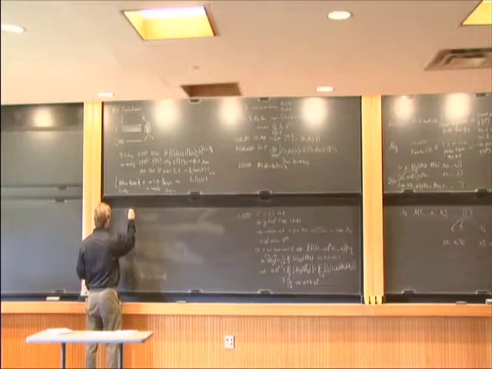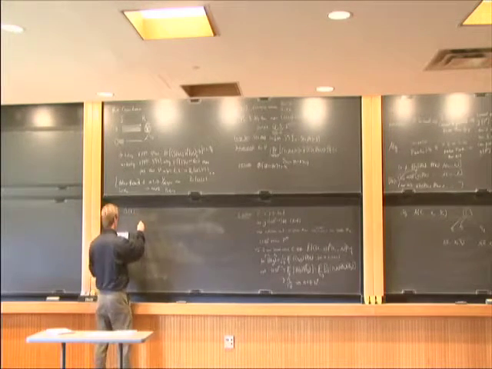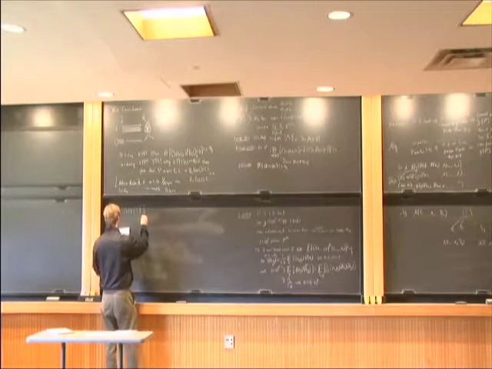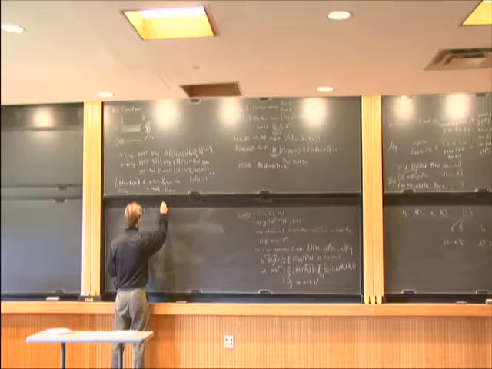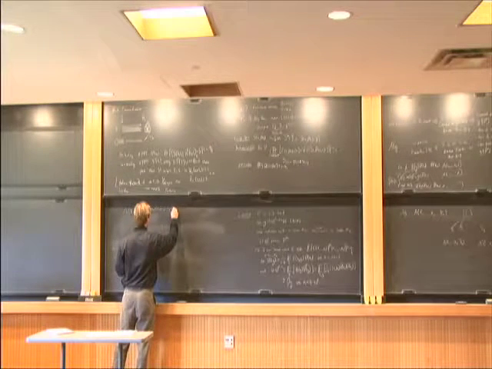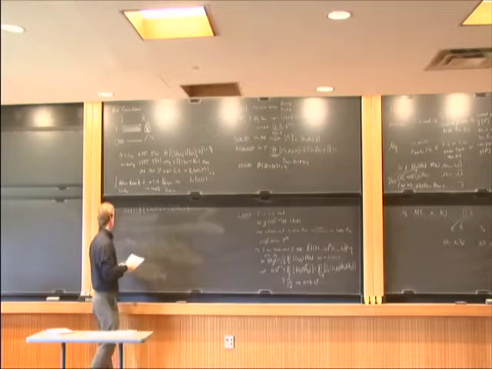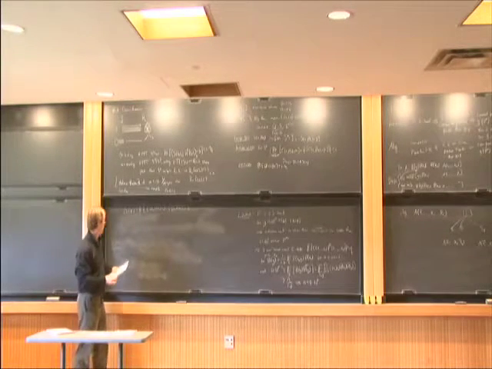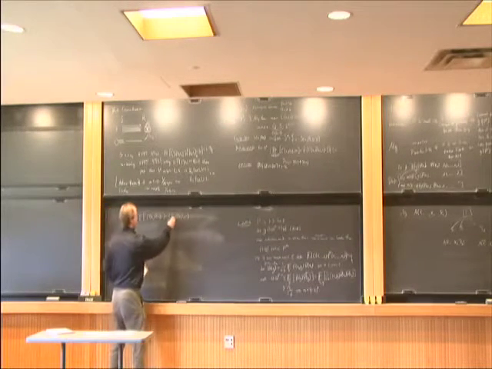So I'm going to define delta X to be the expectation over R of how well our algorithm does on a particular X. This is like minus P here.